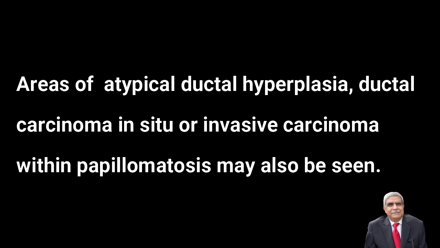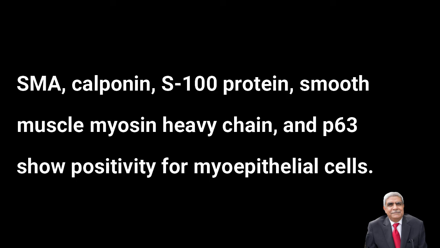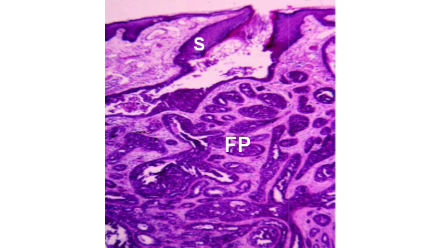Areas of atypical ductal hyperplasia and ductal carcinoma in situ within papillomatosis may also be seen. Immunohistochemistry: SMA, calponin, S100 protein, smooth muscle myosin heavy chain and P63 show positivity for myoepithelial cells. Now this photograph shows florid papillomatosis of the nipple of the breast. Florid papillomatosis is marked with letters FP, whereas the skin of the nipple is marked with letter S.